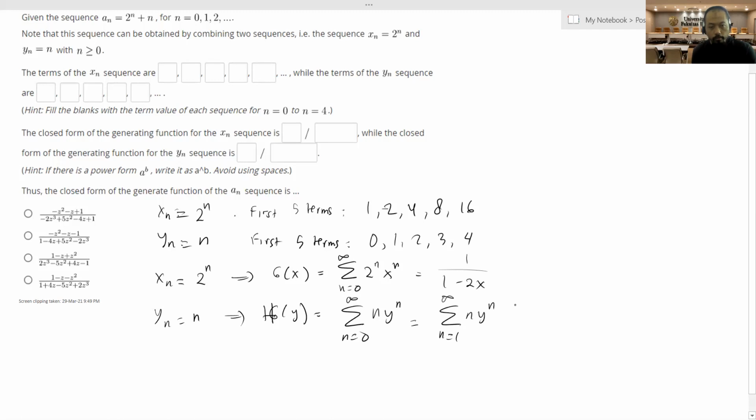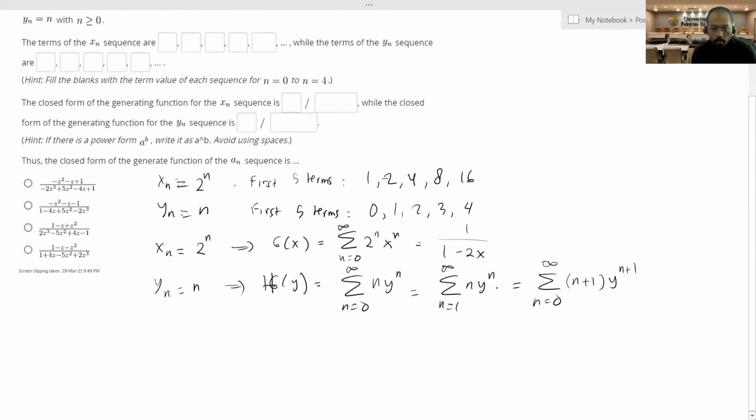By shifting the index, you get the sum of n from 0 to infinity of (n plus 1) y to the power of n plus 1, and this is equal to y over 1 minus y squared.